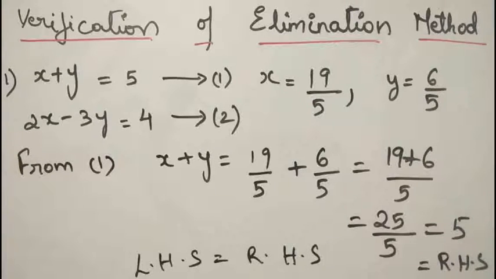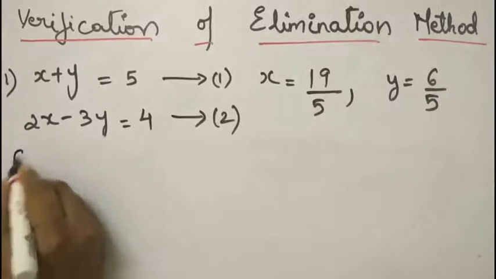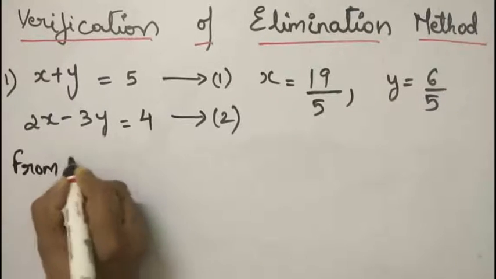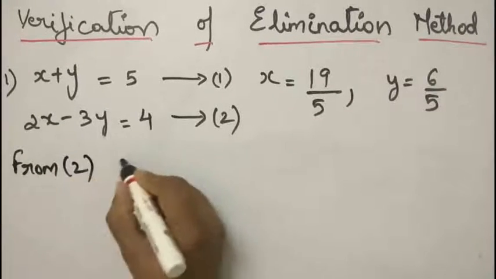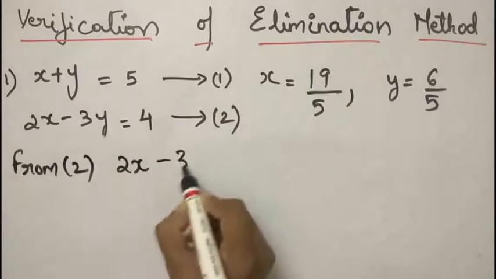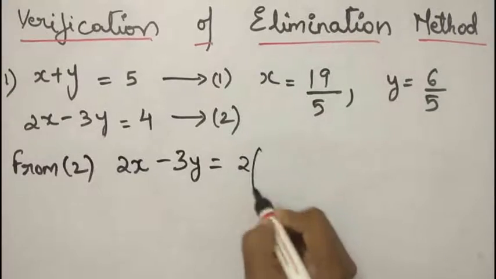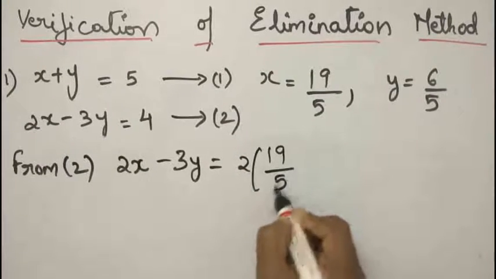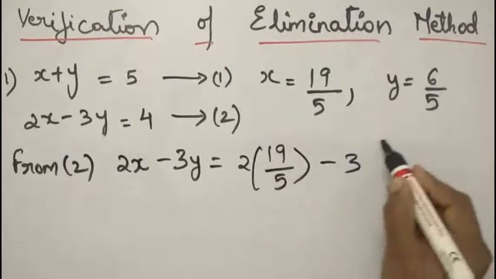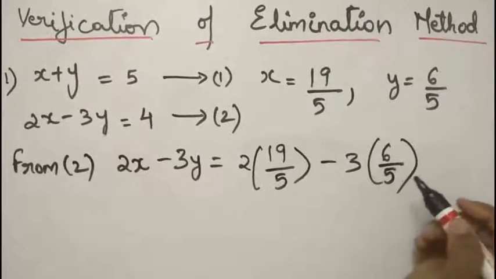Now let us go to the second equation. From 2, the LHS is 2x minus 3y, is it not? Substitute the values of x and y here. 2 into 19 by 5 minus 3 into 6 by 5, which is the y value, is it not?